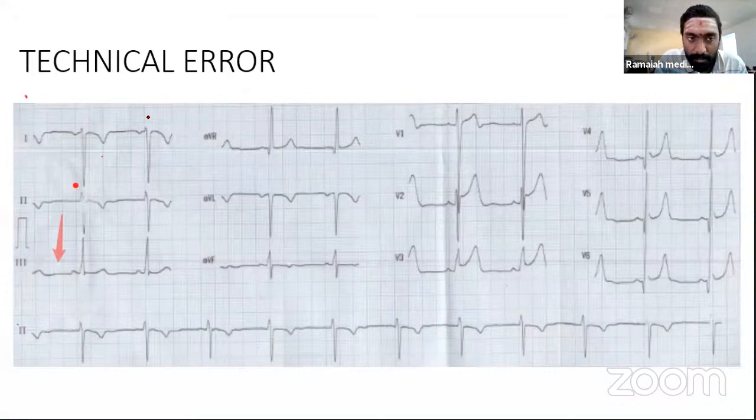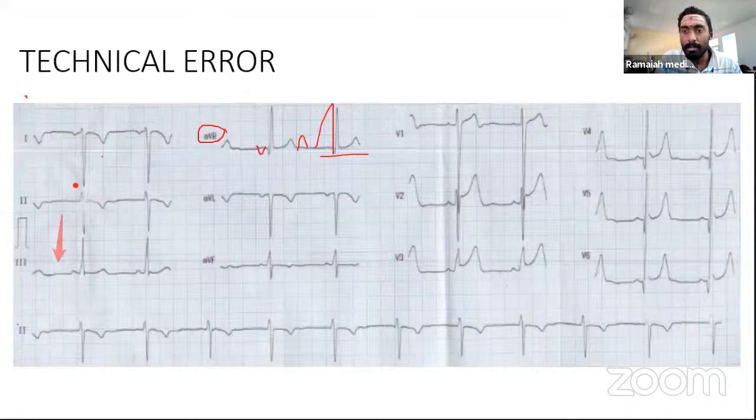The second thing is you look for technical abnormalities. The first thing is to look at lead AVR, because you should get a negative wave in lead AVR, correct? But here the P wave is positive and the QRS is also positive.